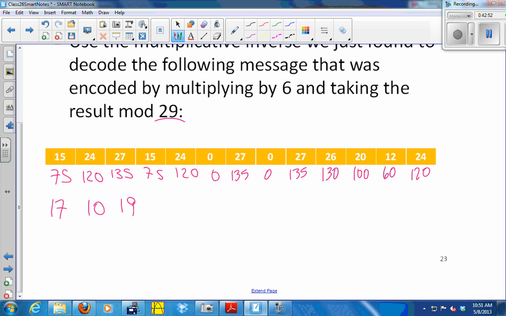Seems like 15 should be bigger than 10. Maybe not. Okay. All right. So 75, so we get 17. 10, 0 is already small enough. 135 is a 19. 0, 19. 130. 14. 100. 60.